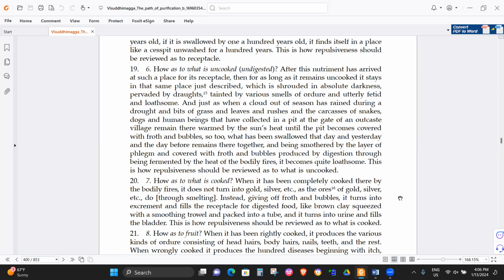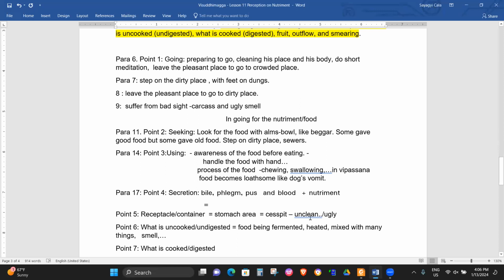Okay, can you sum up in your own way about this paragraph? So what is in the stomach, due to the fires, is not actually gold or silver as we might appreciate, but because of the bubbles and the froth, it turns into excrement. So that's why it is described as brown clay.